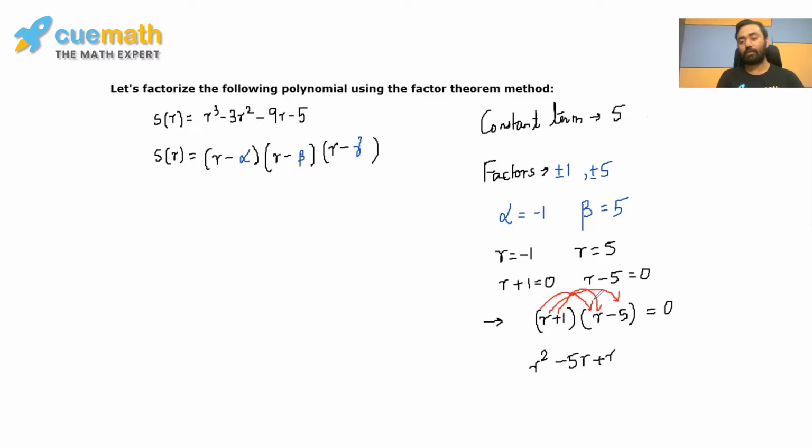And then the last thing which we'll do is plus 1 times negative 5, which is going to give us negative 5, and this is equal to 0. Now, if we simplify this further, we are going to get r square minus 4r minus 5 is equal to 0. Now, definitely, this will also be a factor of this polynomial. So, we'll now use the long division method to get to the third factor or the third root.